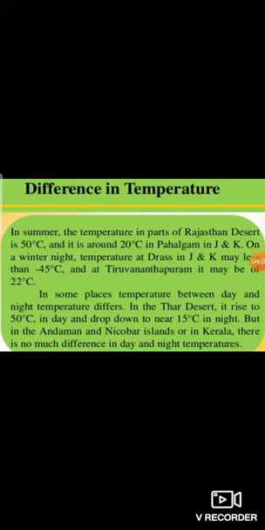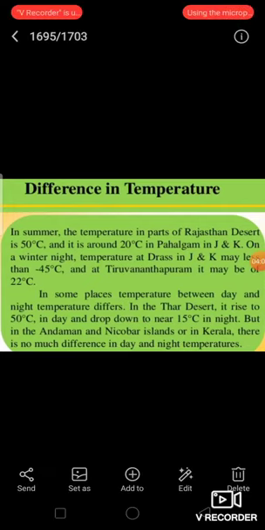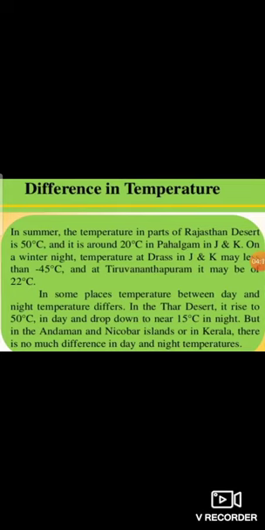These conditions vary from place to place and season to season. On a winter night, temperature of Dras in Jammu and Kashmir is as low as -45 degrees Celsius, while Thiruvananthapuram experiences a temperature of 22 degrees Celsius on this night.